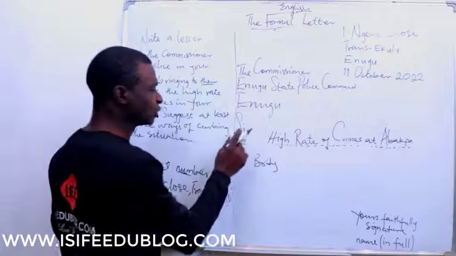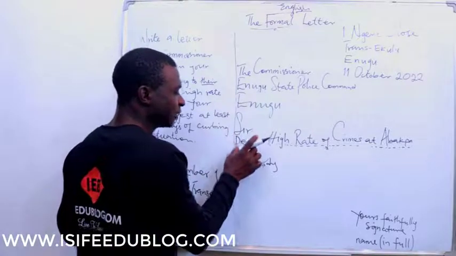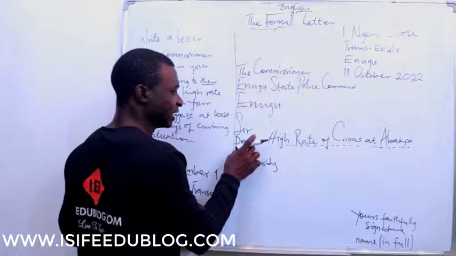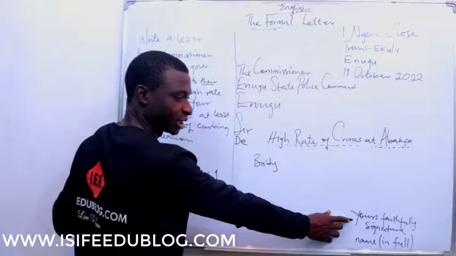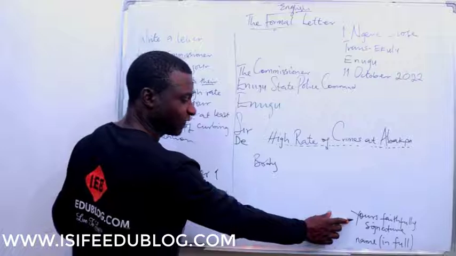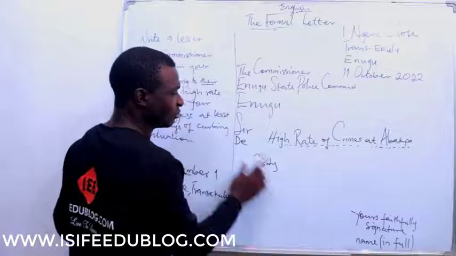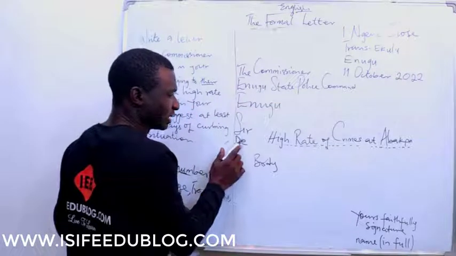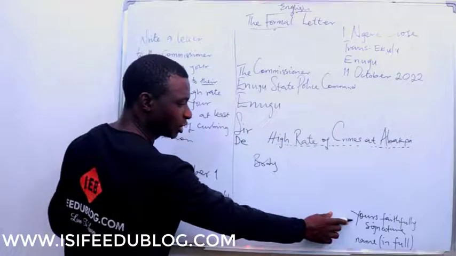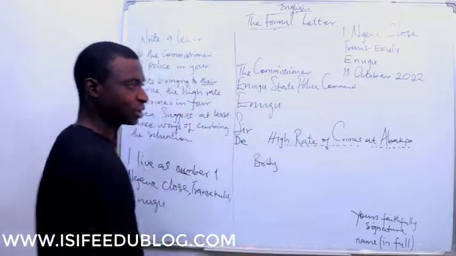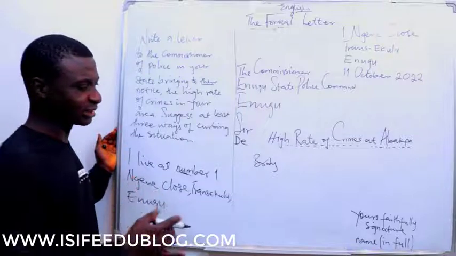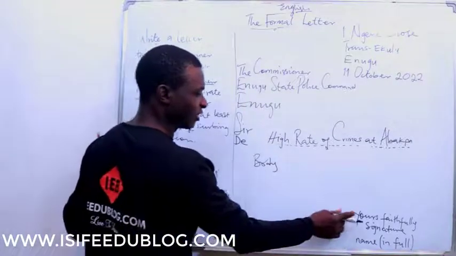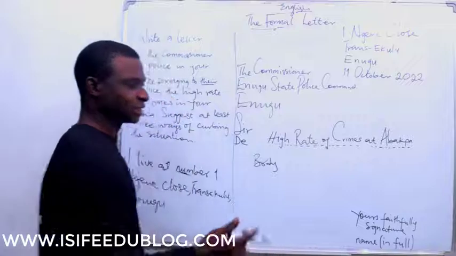If I write this way, establishing the name of the recipient, it will affect what will be here. Look at how these connections are made. It will affect what will be here. Here, because I have sir or dear sir or madam, I have yours faithfully. Please note, some teachers have made us understand that it is yours faithfully for formal letter and yours sincerely for informal letter.